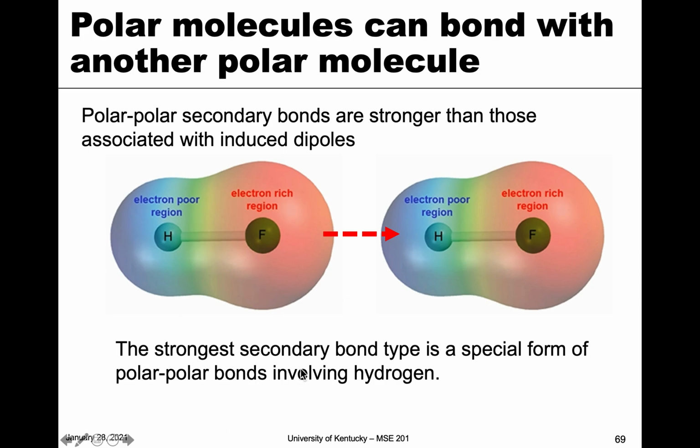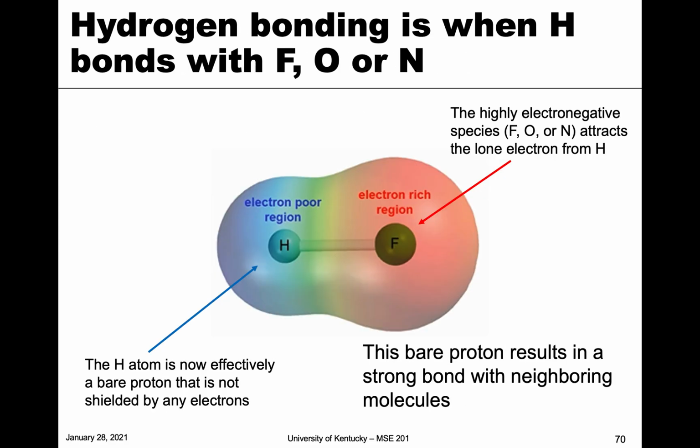A special example of this type of polar secondary bonding is actually called hydrogen bonding. And this is what we're going to see in the next slide. Hydrogen bonding is a very specific type where we're dealing with dipoles or polar molecules where we have hydrogen, from the name, but also hydrogen bonded to fluorine, oxygen, or nitrogen. So one of those compounds.